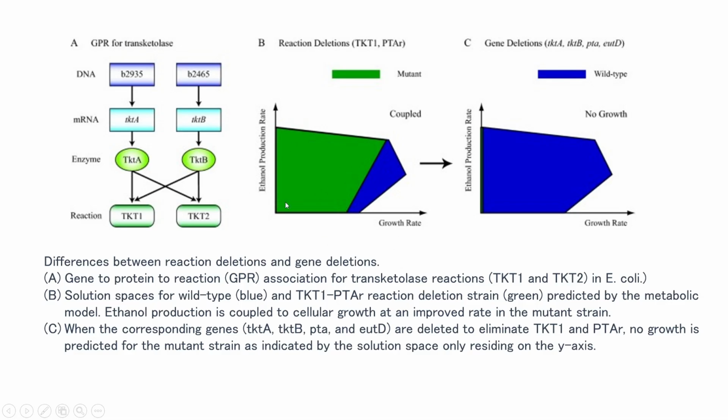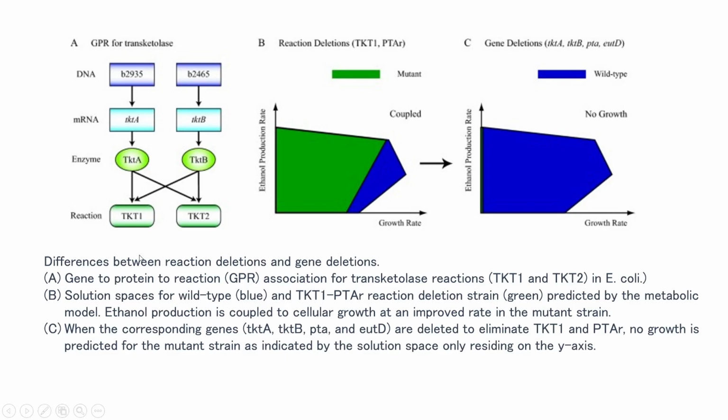These are reaction deletions where, in theory, you have only stopped that reaction, but the genes are still there. They are functional in the other reactions they were previously doing. So only this reaction is not functional.